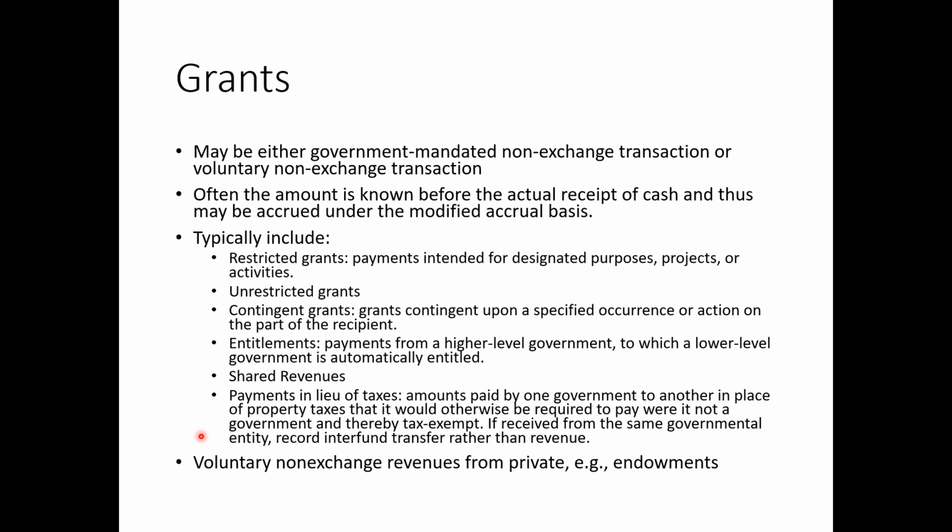The recipient, for example a university, cannot use the principal. Rather, they're going to keep their principal, but the interest and dividends earned from the endowment can be used for designated purposes or become unrestricted and can be used freely by the university.